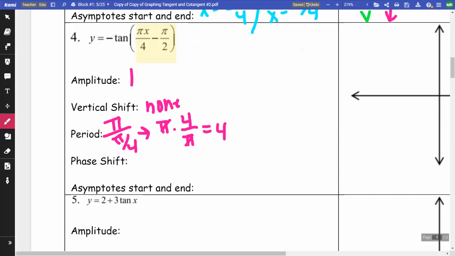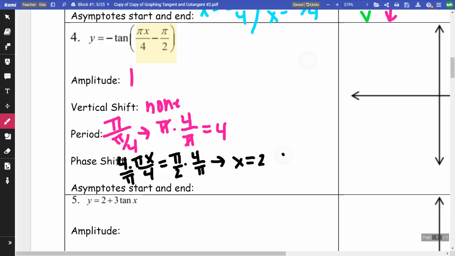So pi x over 4, I'm going to basically set that whole thing equal to 0, which means the pi halves is going to come to the other side. I'm going to times by 4 over pi. And I am going to get x is equal to 2. So I'm going to start at 2.